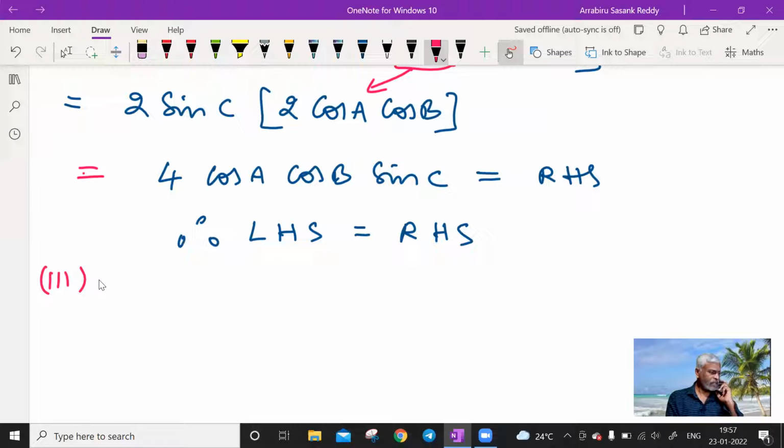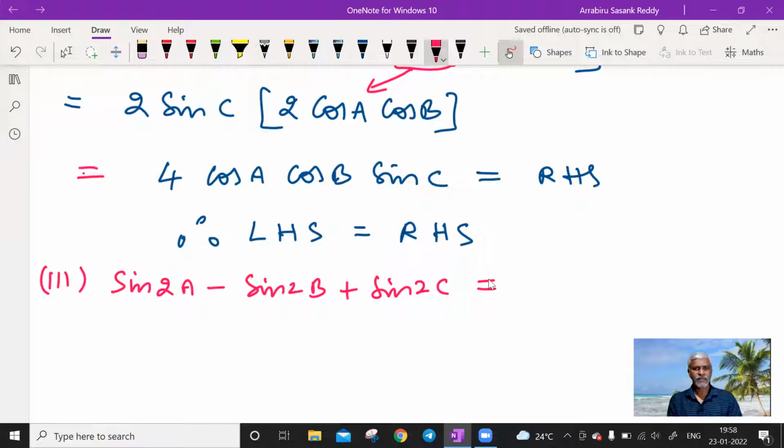So sin 2A minus sin 2B plus sin 2C. Your second term is minus sin 2B.